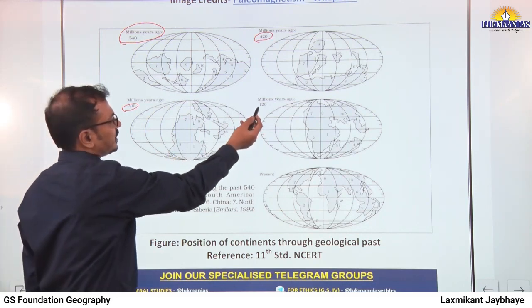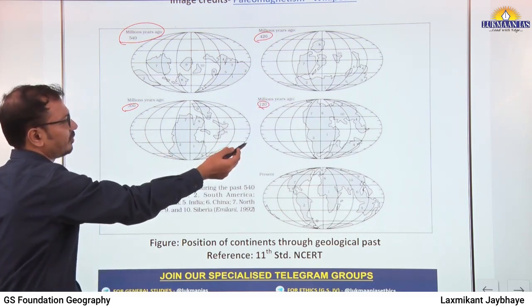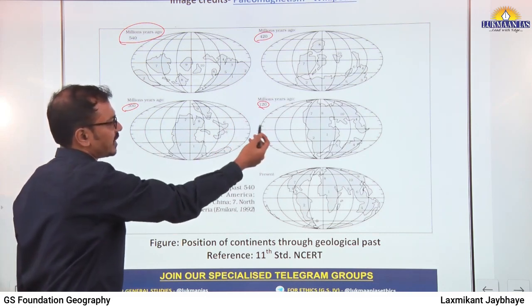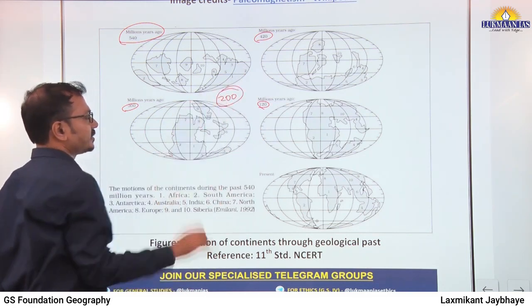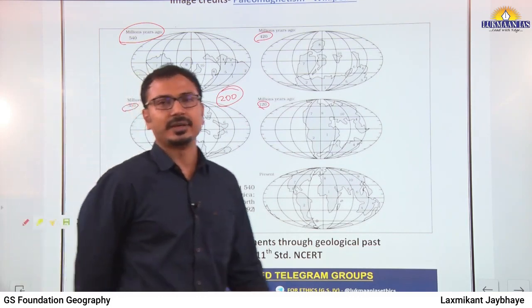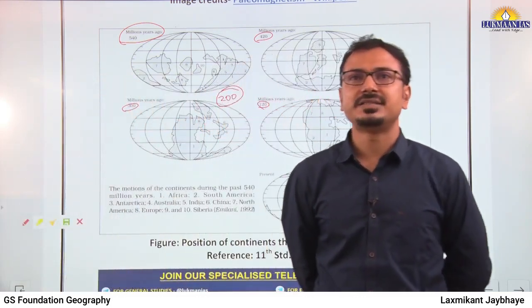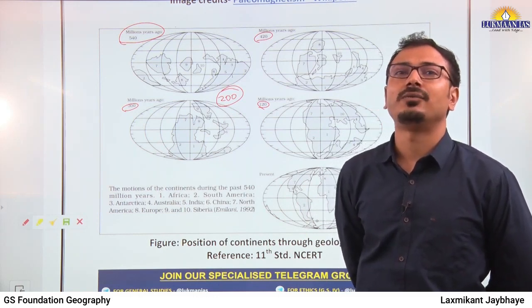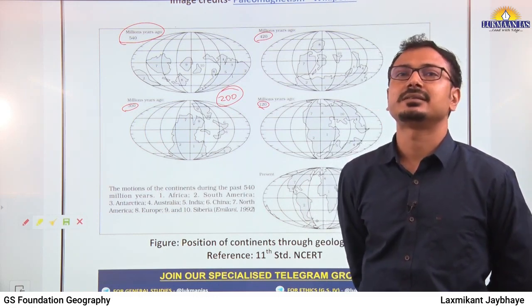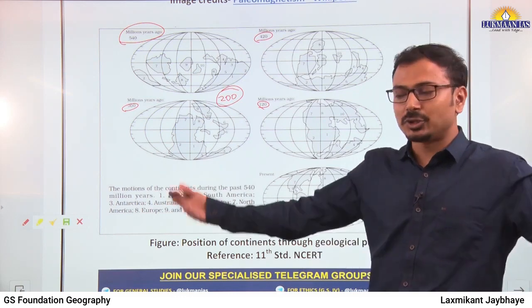And you can see the time period in between them. There was Pangea before 200 million years ago, as explained by continental drift theory. Pangea was there, but Pangea was the result of all these continental masses or plates coming together.